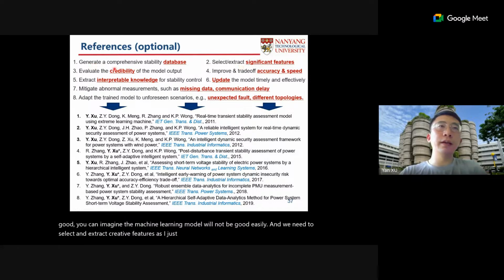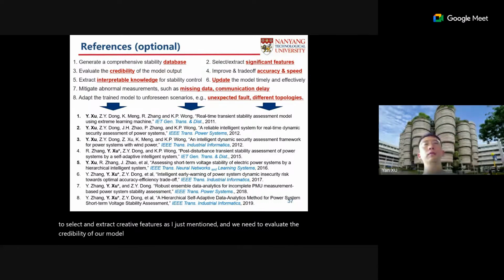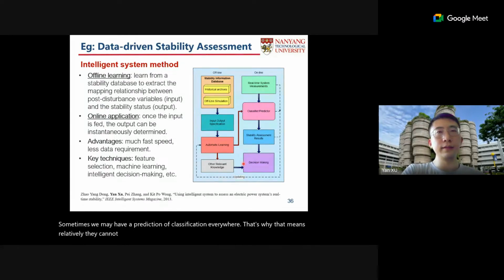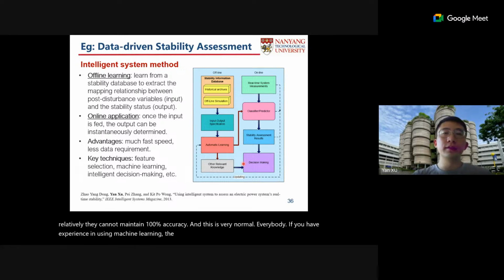And we need to evaluate the credibility of the model output. What does that mean? Machine learning models sometimes may have prediction or classification errors. That means in reality they cannot maintain 100% accuracy. This is very normal. If you have experience in using machine learning, accuracy is always an issue.